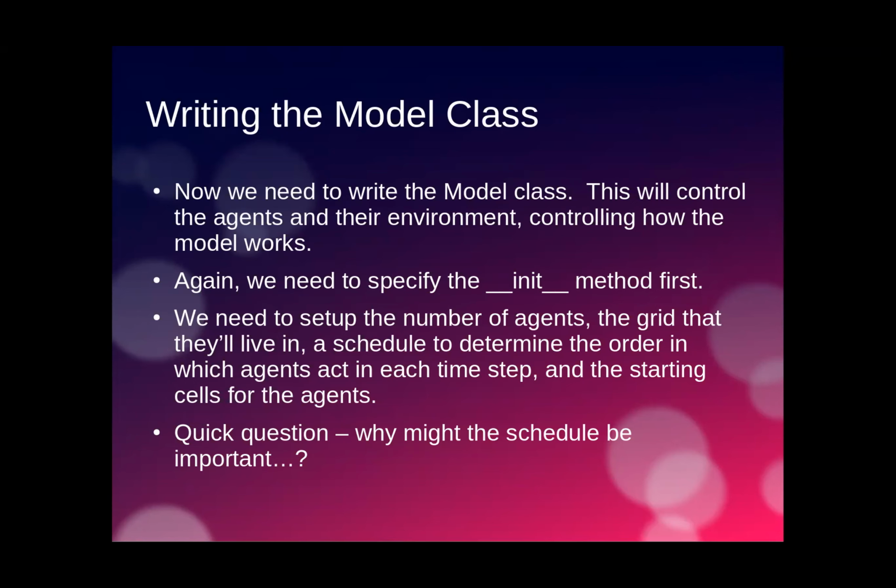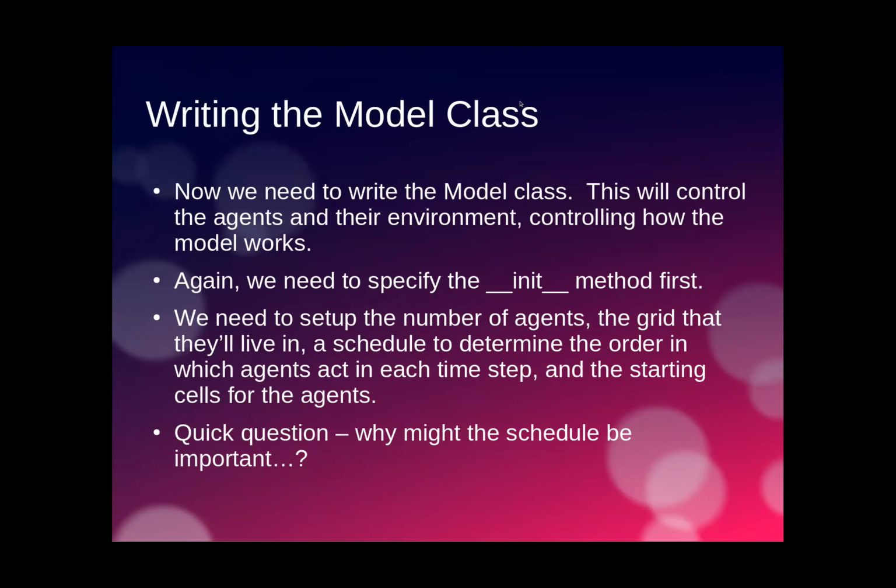Yeah, absolutely. So the order matters here, because the schedule is going to determine the order in which agents behave, the order in which agents call their step function, if you like. And their step function will tell them to move with a random probability, and then if they're infected, to infect other people. So imagine you've got an agent in one cell, and then an agent in a neighboring cell, and one of those agents is infected.